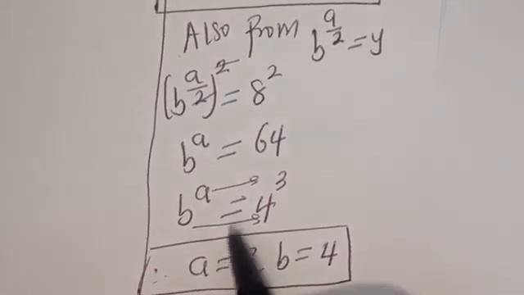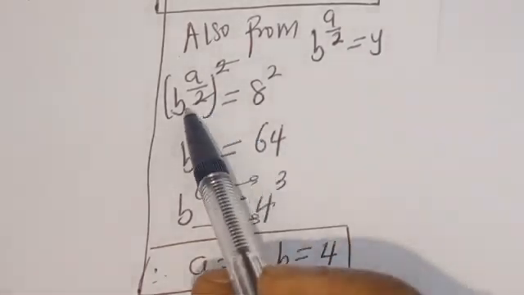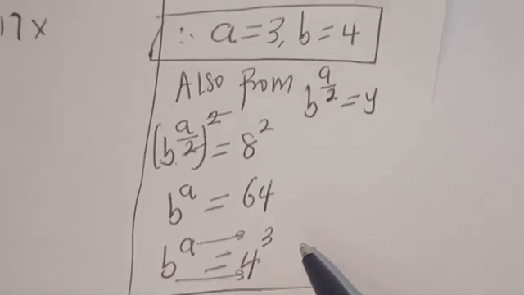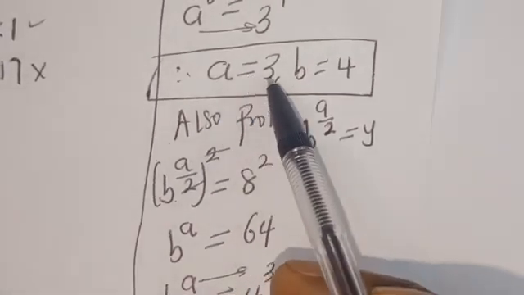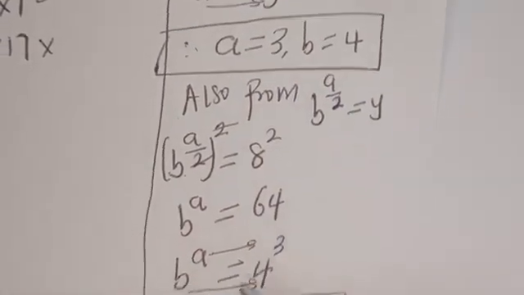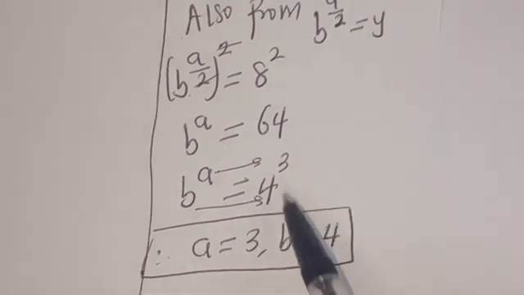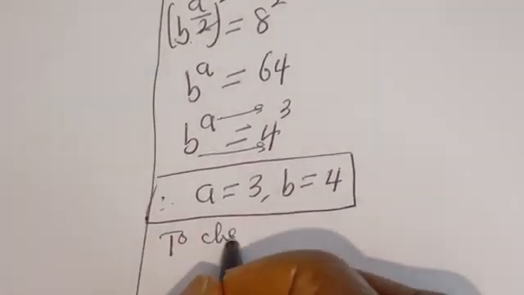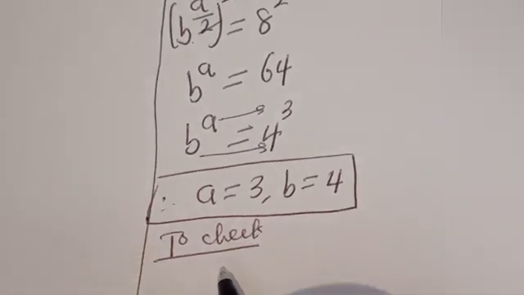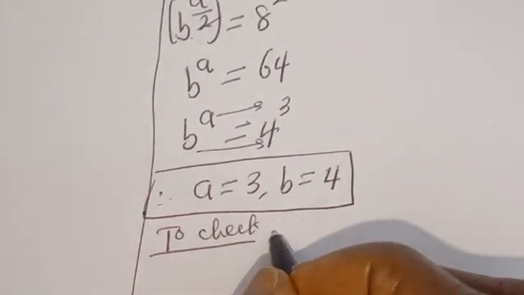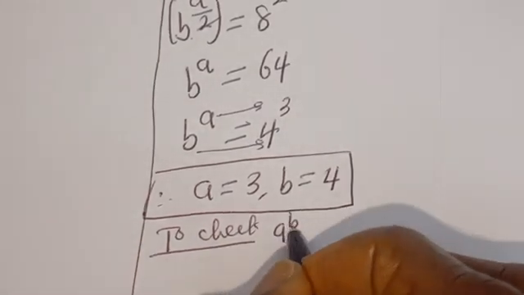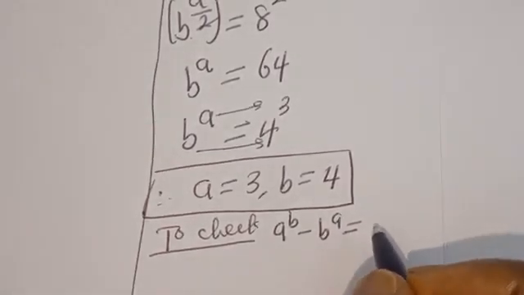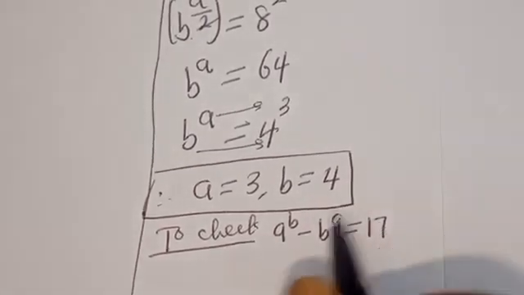You can see that if you use b to the power of a over 2, we have a is equal to 3 and b is equal to 4. Also from here, a is equal to 3 and b is equal to 4. So we can check to confirm if this answer is right or wrong. To check, we have the given equation a to the power of b minus b to the power of a is equal to 17.